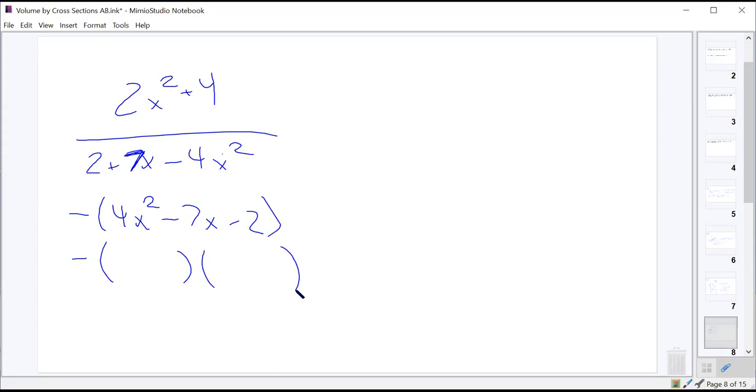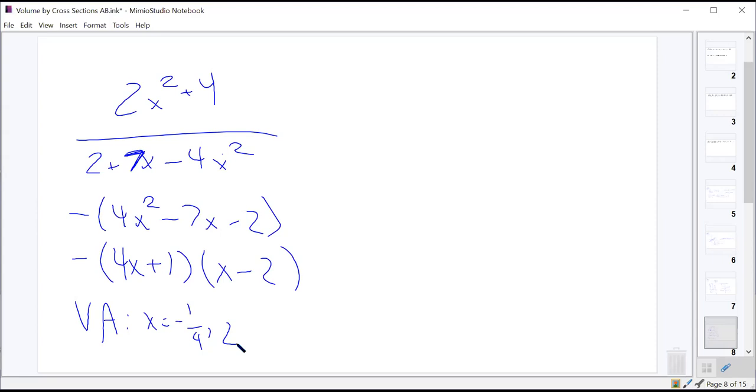How'd you factor this? 4x and an x and a 2 and a 1 probably, with a minus and a plus. So it looks like we have vertical asymptotes now, x equals negative 1/4 and 2. Now let's look. The line x equals negative 1/4 is a vertical asymptote. That's choice A.